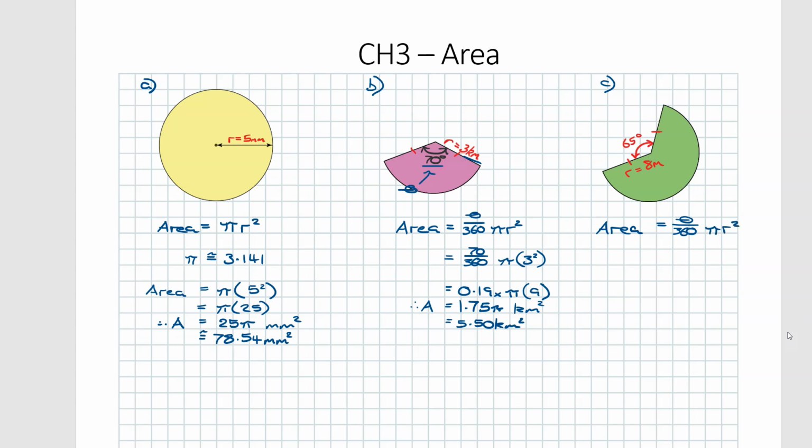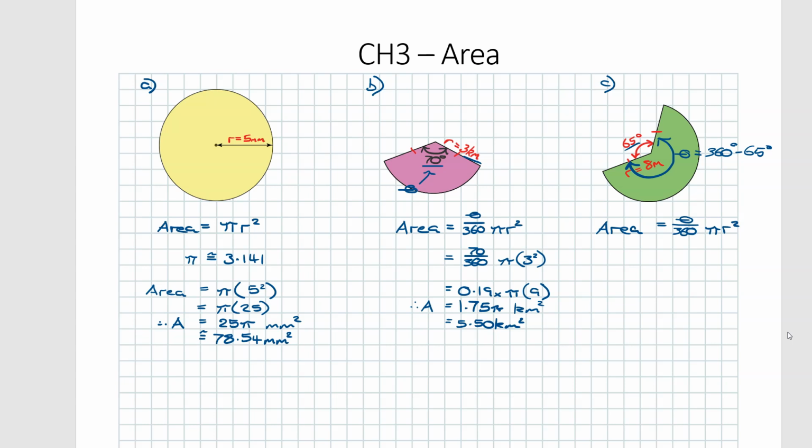In this case, theta is going to be, well, if there are 360 degrees within a circle, then what is left here must be 360 take this angle.